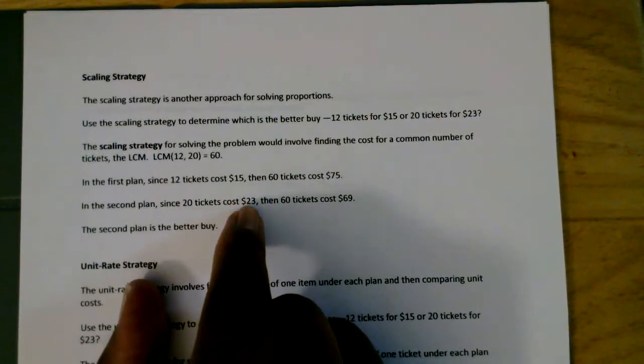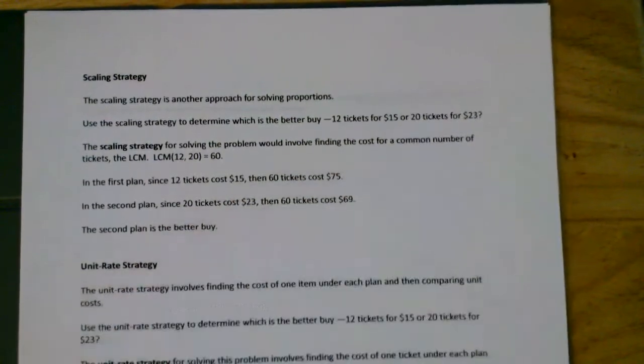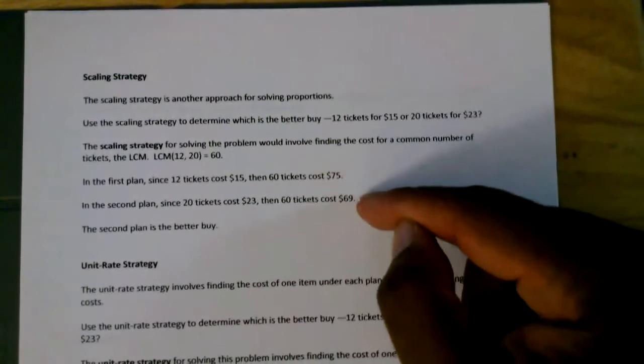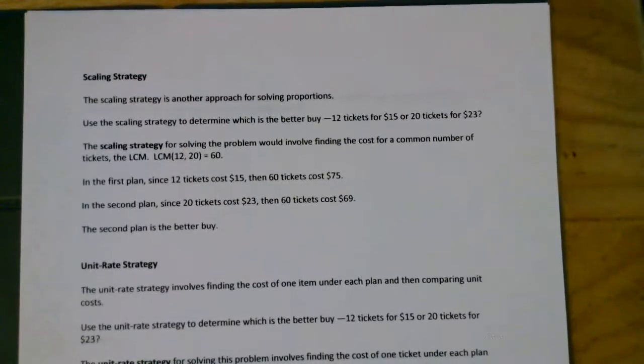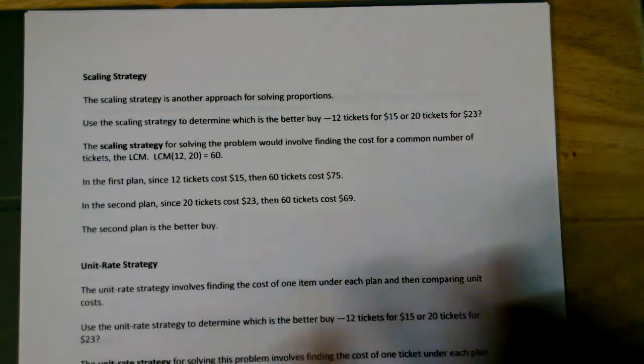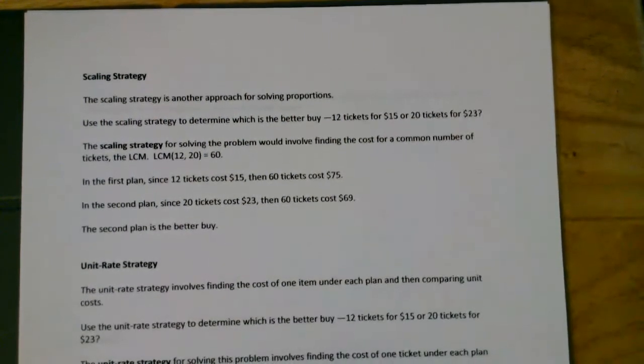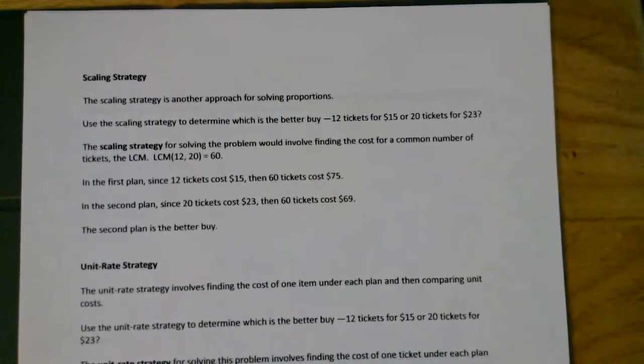And then 3 times 23 will be 69. Now compare those two, you're going to see that 60 tickets for $69 is cheaper than buying 60 tickets for $75. So plan 2 has to be the better buy. So here we use the scaling strategy to determine which is the better buy.